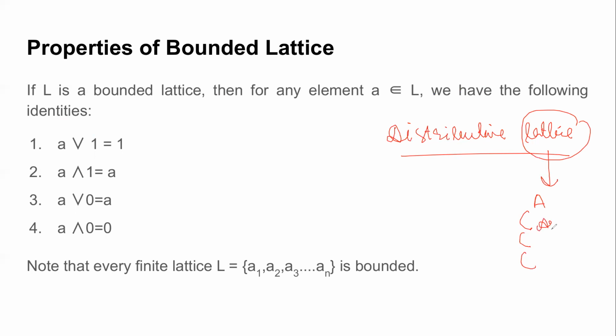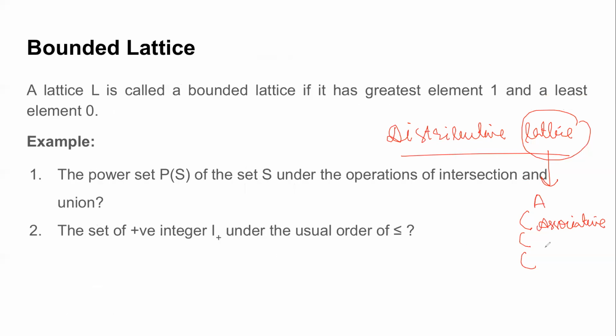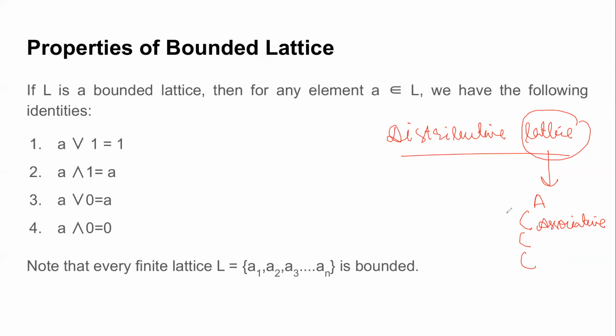It satisfies associative, and what all properties does a lattice satisfy, class? Yes, class, it satisfies the associative property. We just saw it three slides back. It's commutative, associative, absorption. So if I satisfy associative, commutative, absorption, I am a lattice.